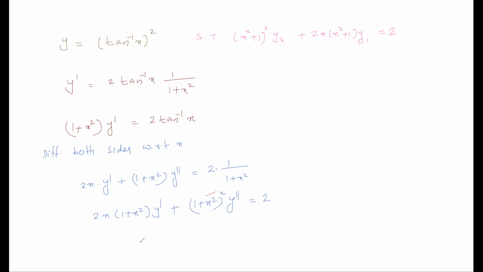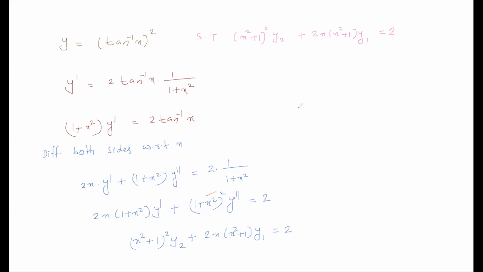You can write 1 plus x square as x square plus 1, so (x square plus 1) the whole square into y double dash, meaning second derivative. Then the first term is 2 into x into (x square plus 1) into y dash, meaning first derivative, is equal to 2. So I can do this.